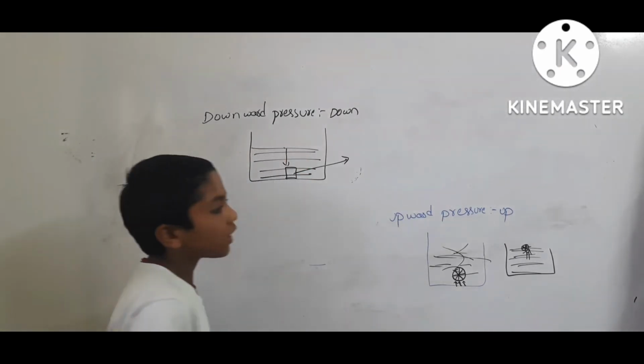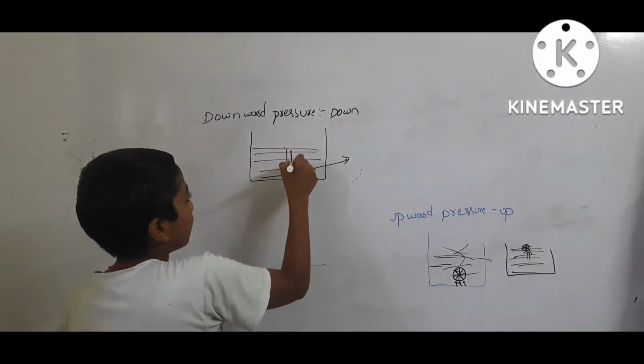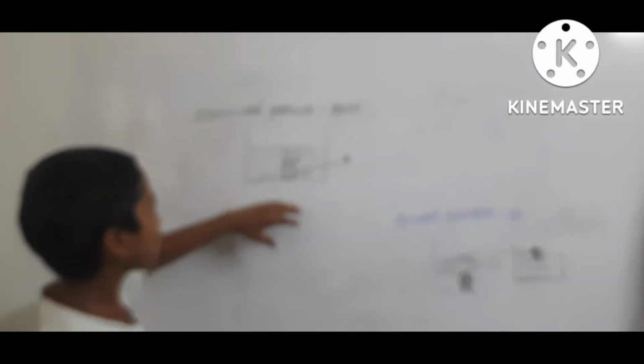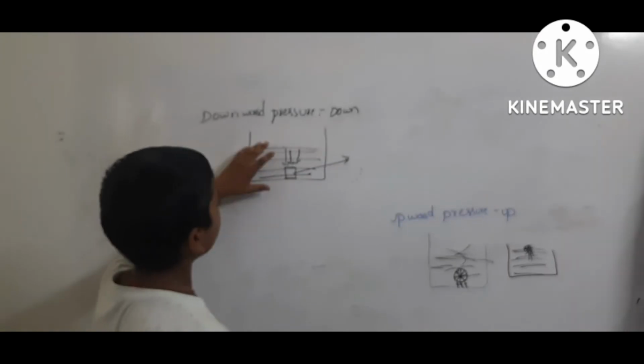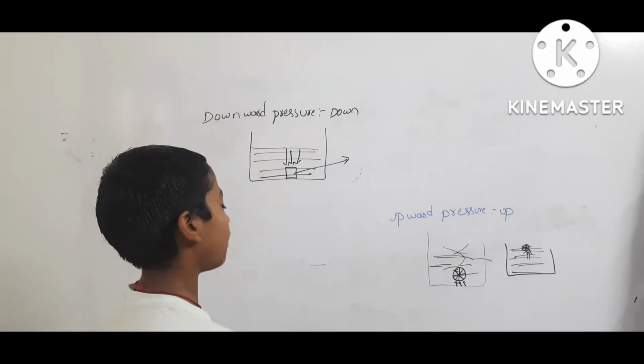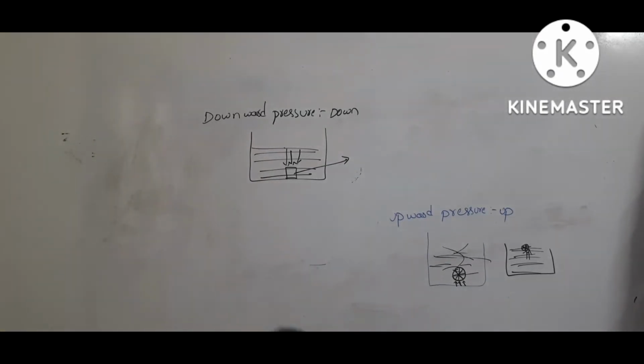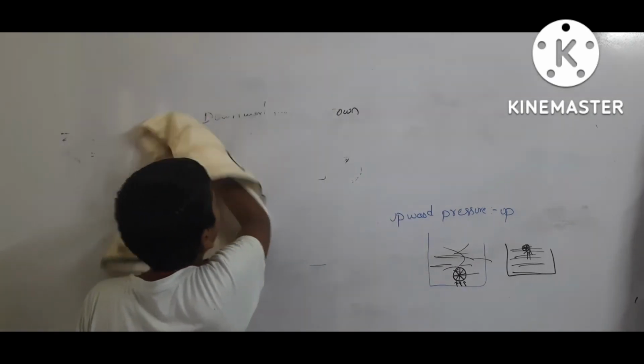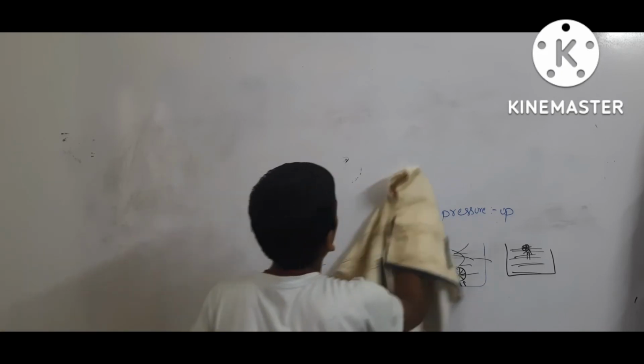It goes fast due to gravity. The water applying pressure downward is known as downward pressure. Iron is heavier than water. Okay friends, these are the types of fluid pressure.